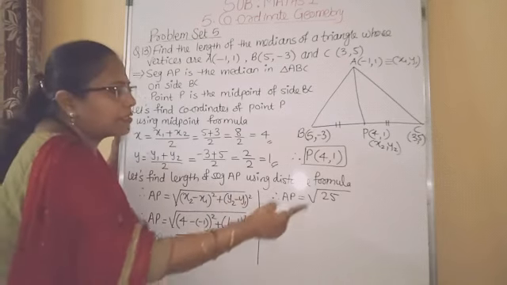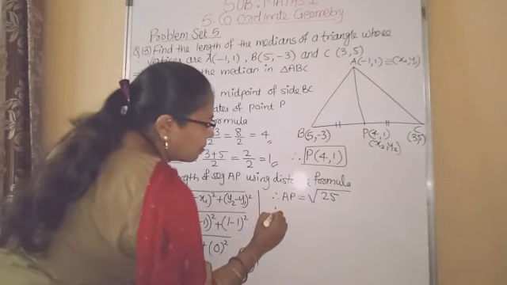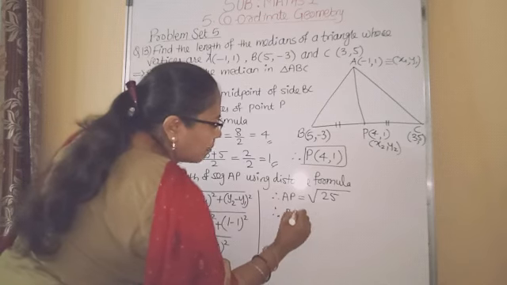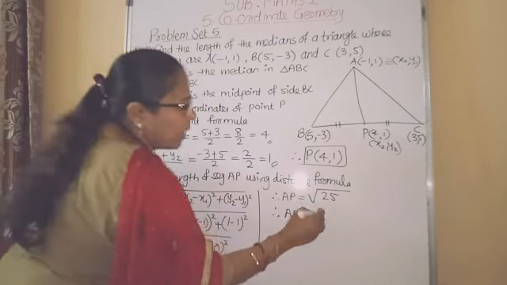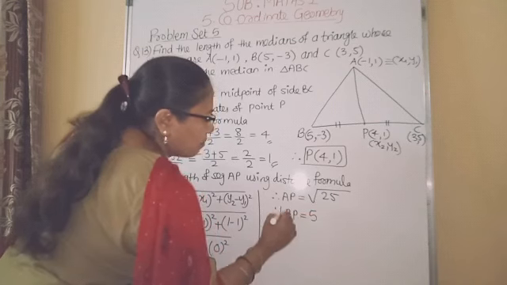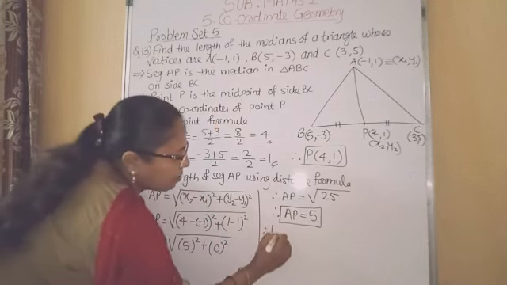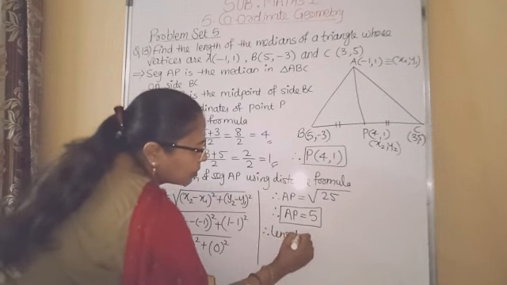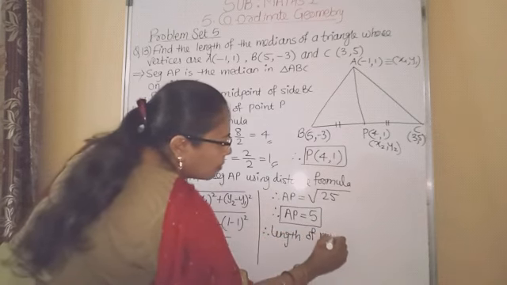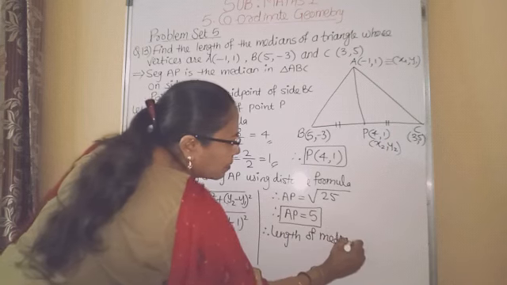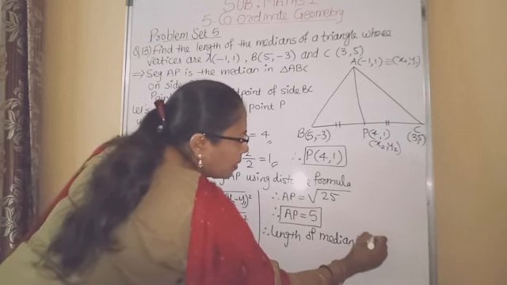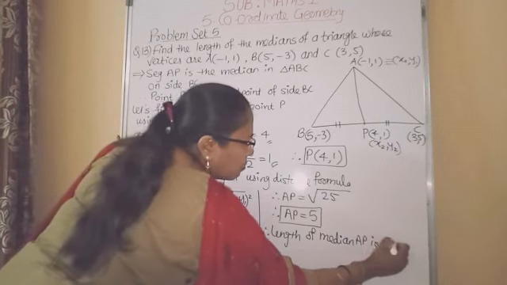And 25 plus 0 we will get 25. Therefore, AP is equal to square root of 25 is 5. So we will write the answer. Therefore, the length of median AP is 5 units.